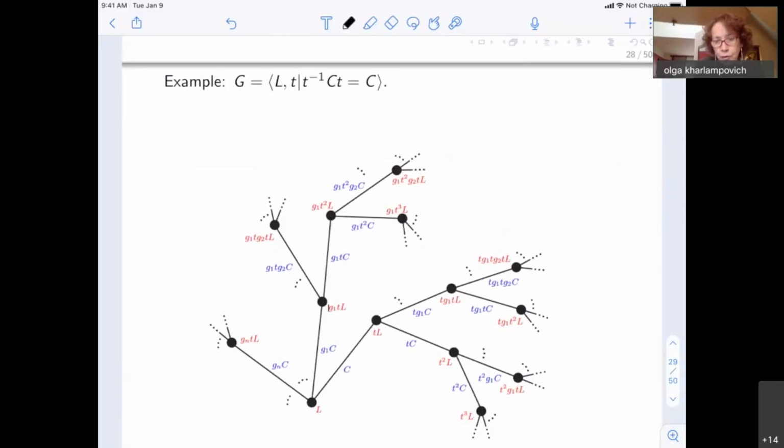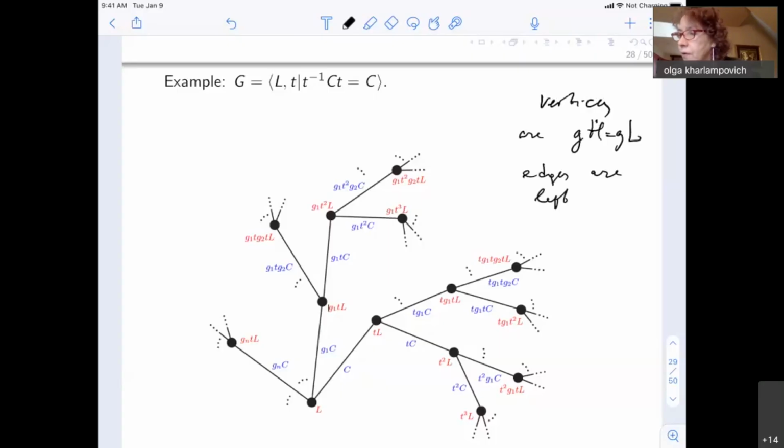There is a vertex, which corresponds to the tree constructed using again left cosets, so vertices are left cosets of H, and of L here, and edges are left cosets of C.